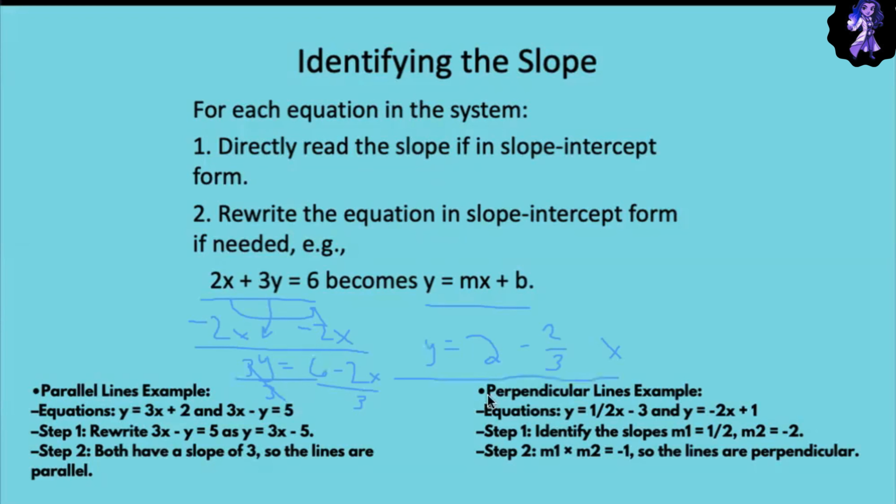And therefore, we now know that the slope of the first line has to be negative 2/3, which means that if it's parallel, remember, it's going to have the same exact slope. If it's perpendicular, it's going to be the opposite sign. So since that's negative, then the other one's going to be positive, and we're going to take the reciprocal, which means we're flipping it over. So the slope of the second line has to be positive 3/2.